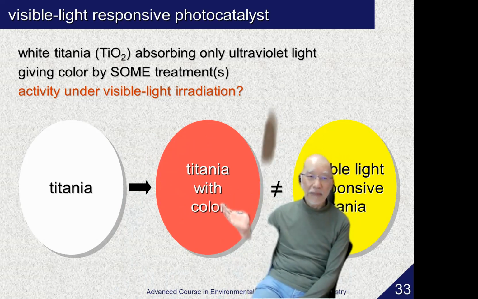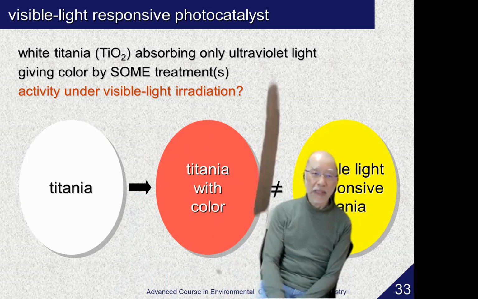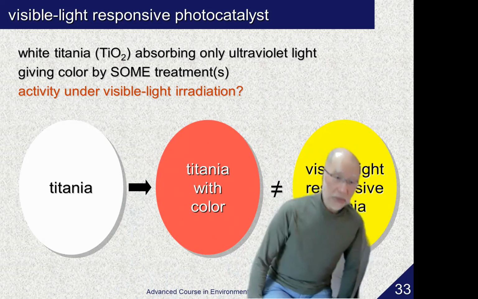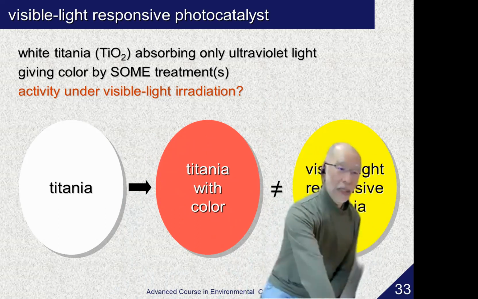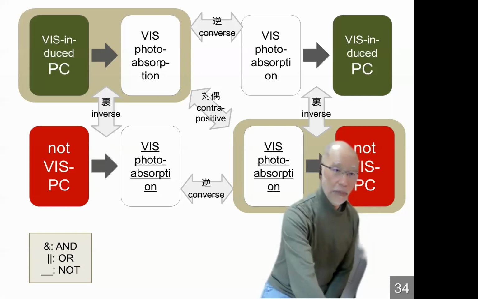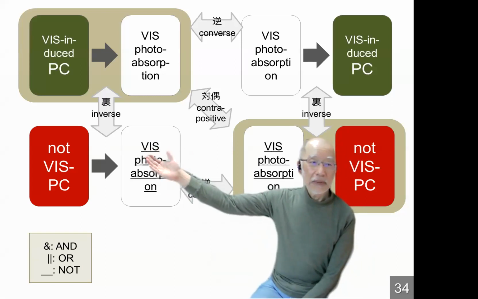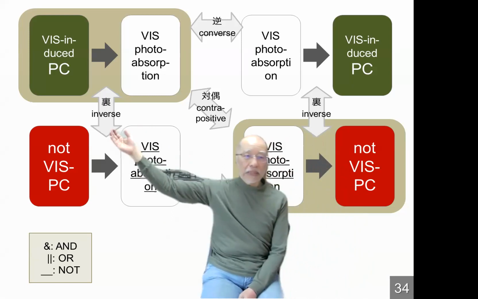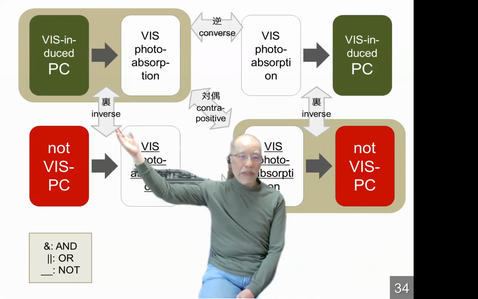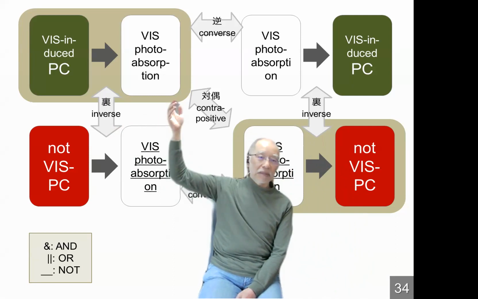By making colored titanium, it is possible to develop titanium responsible for visible light. Visible light induced photocatalysis, true photocatalysis, requires visible light photoabsorption. Yes, this is true, every time.